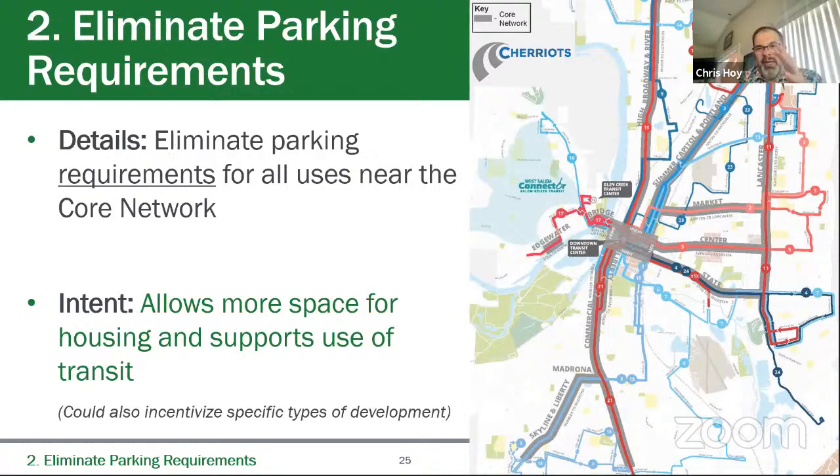So maybe there's a way to look at something other than just a blunt quarter mile. Because when we get down towards the city center, a quarter of a mile is going to cover all those neighborhoods, and I'm not sure that's wise. Certainly in some of the outlying areas maybe it is, but I would hope we could have some conversation about that quarter mile. Yes.